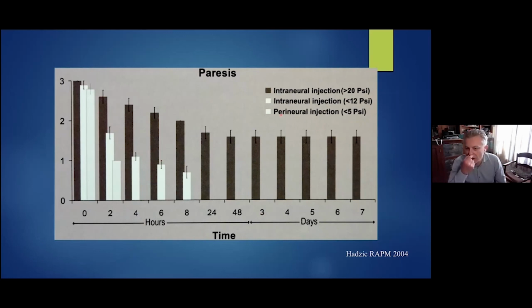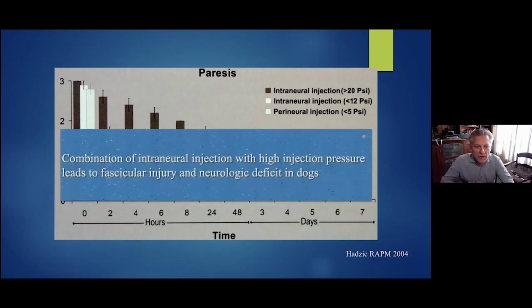But once he injected intraneurally with high pressure, he was probably intravascular, and then he didn't see any recovery after 7 days. So his conclusion was that a combination of intraneural injection with high injection pressures could lead to fascicular injury and a neurologic deficit in dogs.